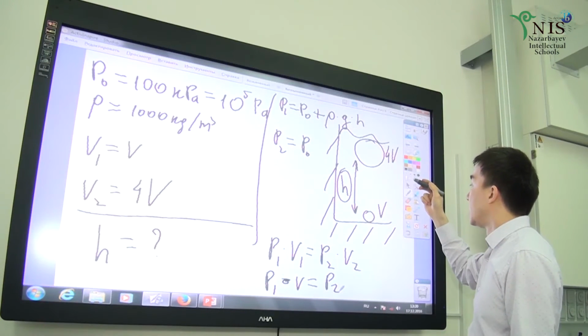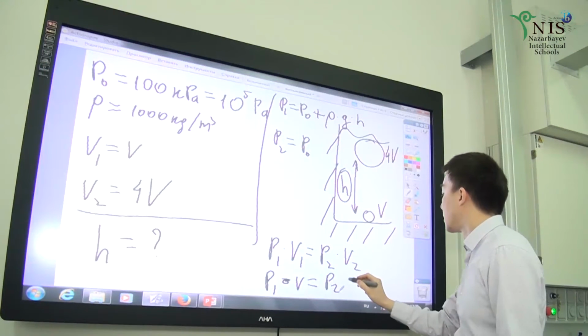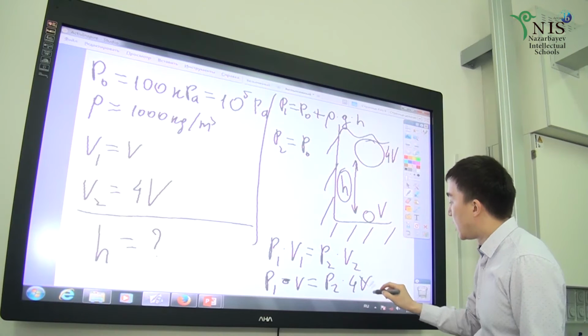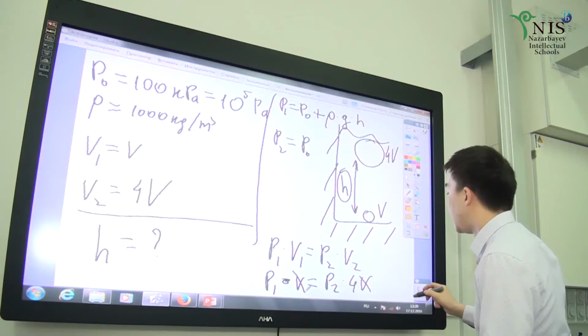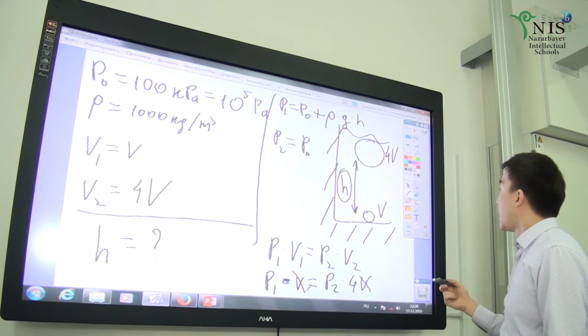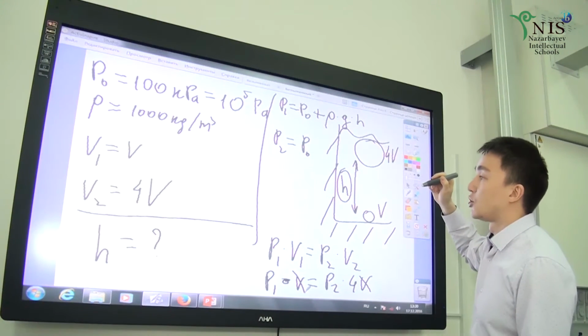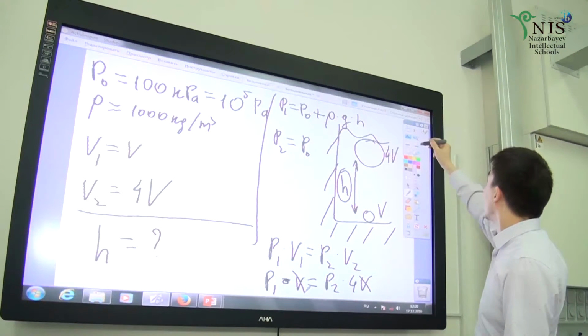That means that it increased its volume 4 times, multiplied by V. So we can cross out the volume V, and I will continue the calculation of this problem on the next page.